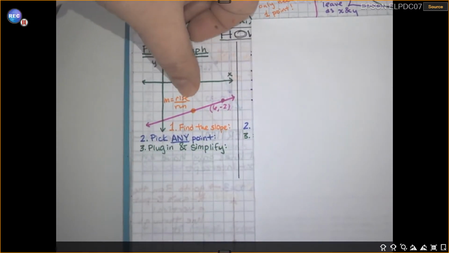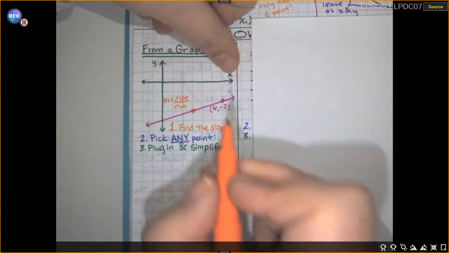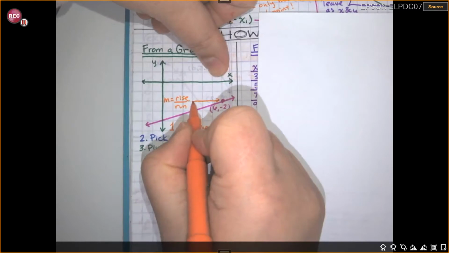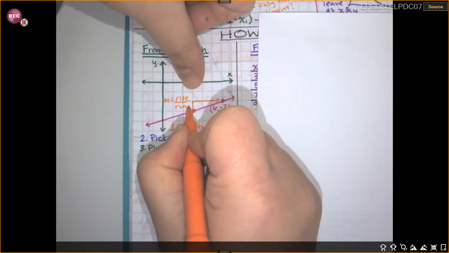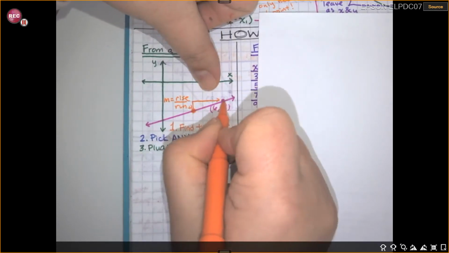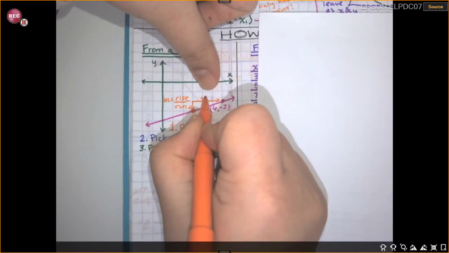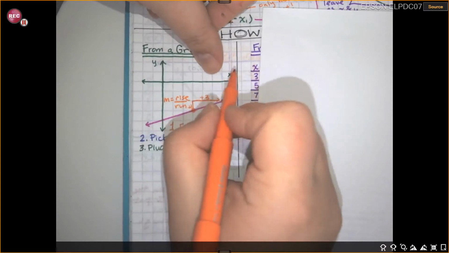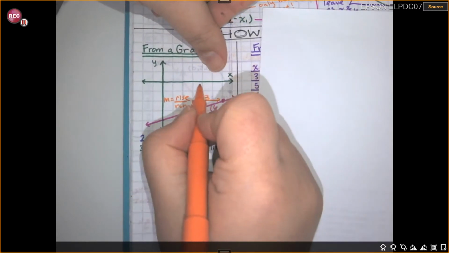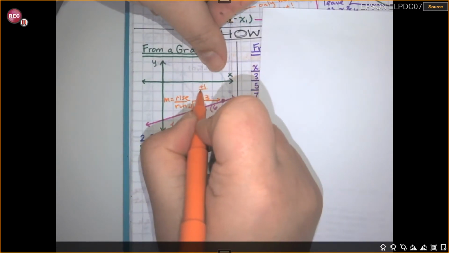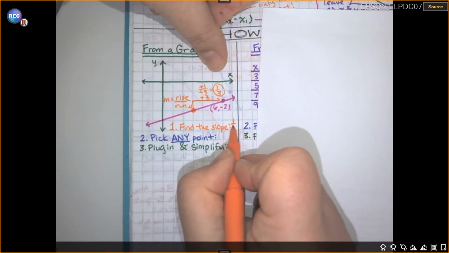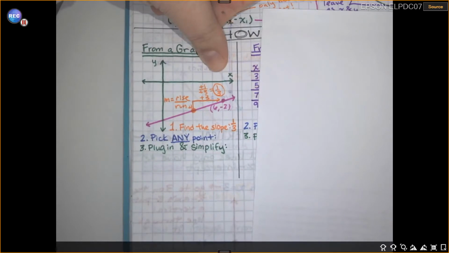I care about how do I get from one point to the next. So it looks like I'm going to go up and over, and that up, since I'm scaled by ones, is just +1, and that over is 1, 2, 3, because I'm just scaled by that. So my rise over run ends up being +1 over +3, which is just 1/3. So there is my slope, 1/3.